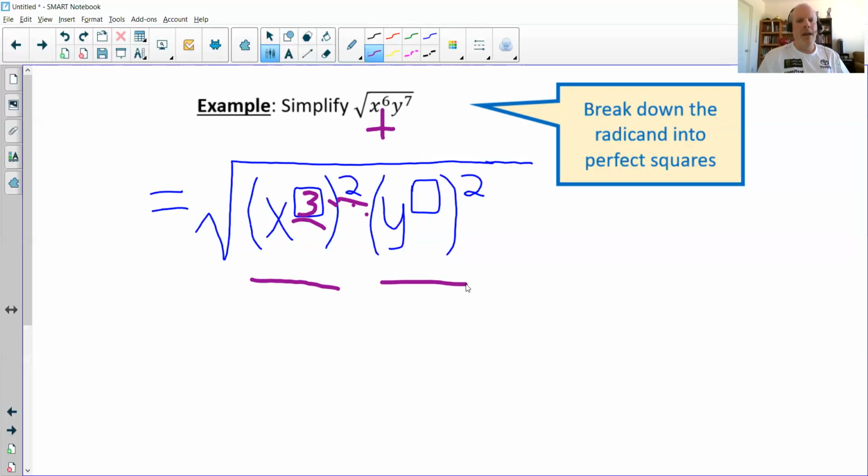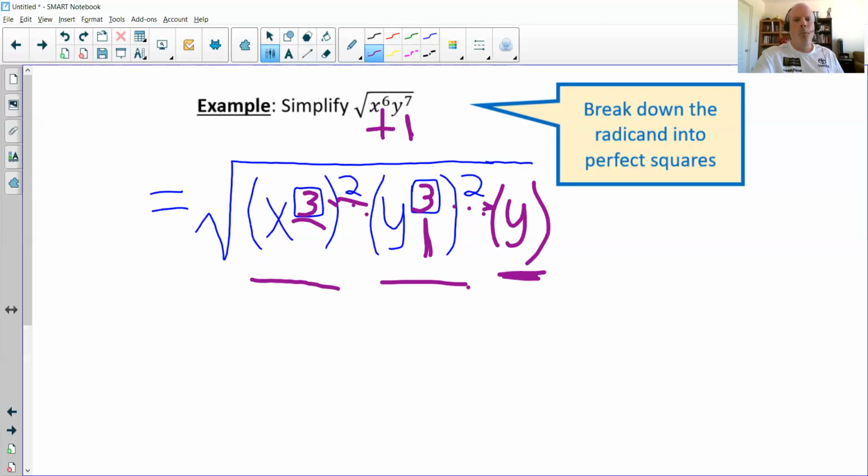But what about our y? Is there a number I can put in this box that I multiply by 2 and have it equal 7? Well, there is. If we put a 3 in the box, knowing that 3 times 2 is 6, that leaves us 1 short. So we just multiply by another y. And this is y to the 1.